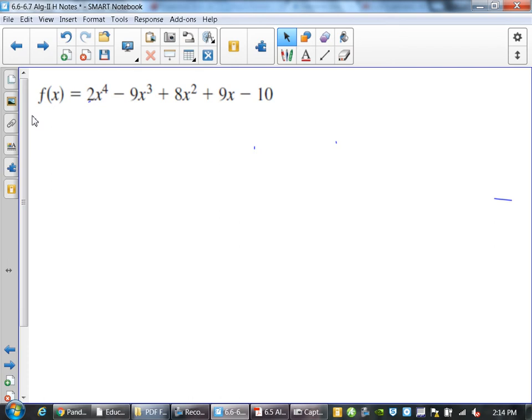So let's do the same idea with this. We're going to find all the zeros for this one. We've got the function 2x to the 4th minus 9x cubed plus 8x squared plus 9x minus 10. So we start again listing out all the factors of the constant divided by all the factors of the leading term's coefficient.